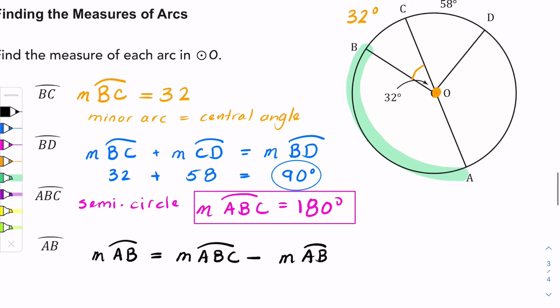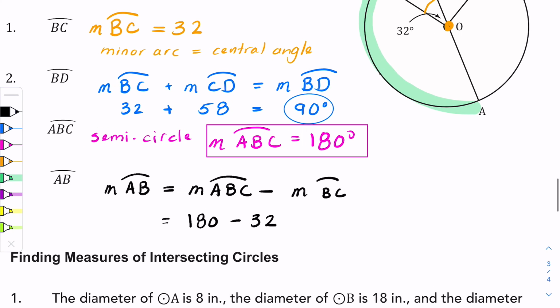That would be this arc here. I said that wrong, BC. And that's going to give me my total. So this is equal to 180 minus 32, and that gives me my solution of 148. So the measure of arc AB is equal to 148 degrees.